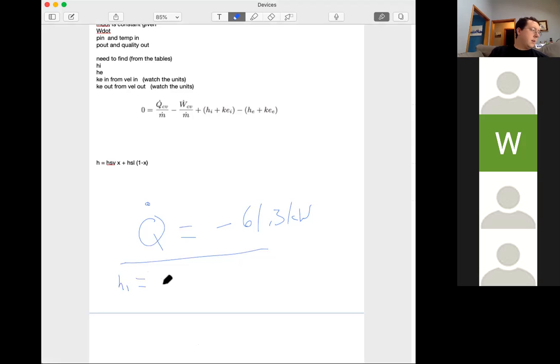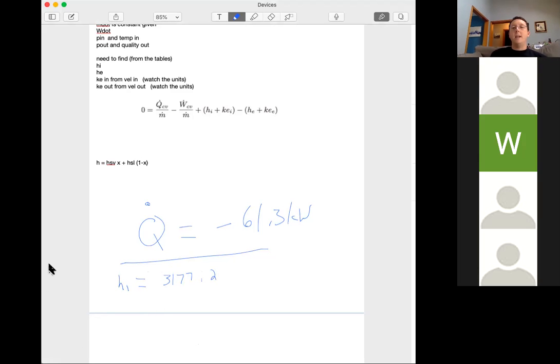On the intake, the enthalpy should have been 3177.2. Okay. H2, 2345.4. You have 2345. Okay. Within, you're good to like 4 digits, so that should be good.